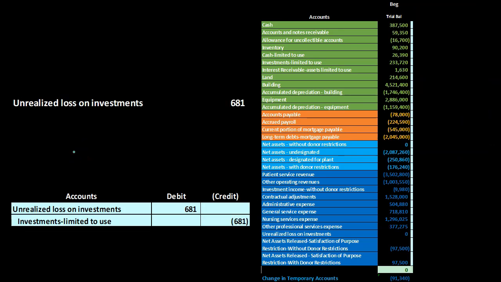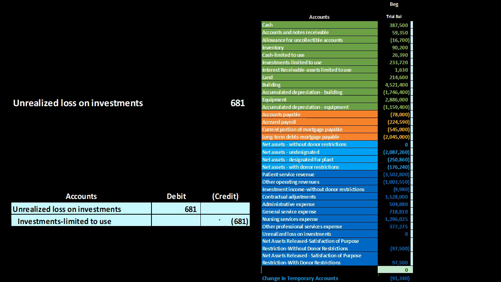Next, we have an unrealized loss on investment of the 681. So we have an investment account. You could think of them as stocks, and they went down in value. So we're going to write down the stocks as they have decreased in value. And then the other side is going to have to go to some type of usually income or loss account. So we're going to say that we have the investment income that is limited to use.